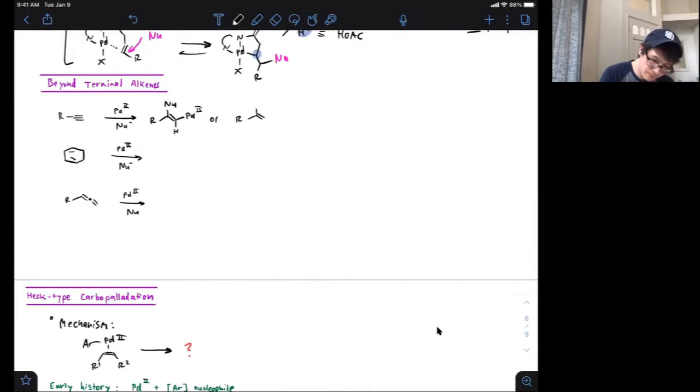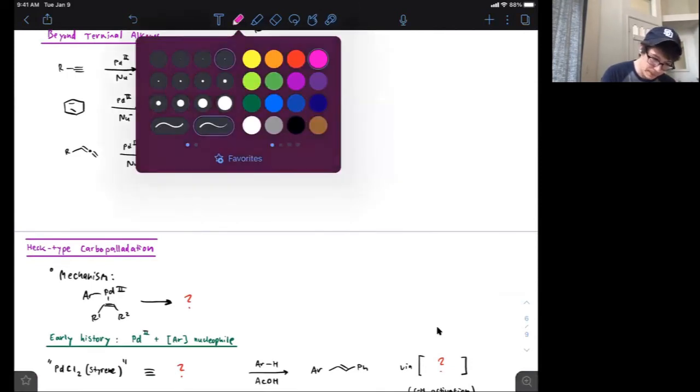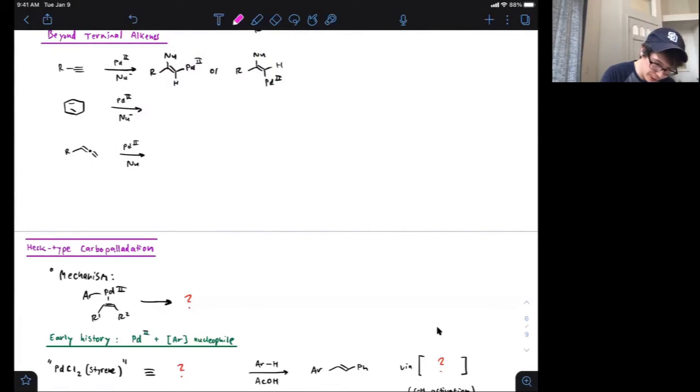And this is, at least to my knowledge, not readily predictable based on first principles. So certainly in the case of an aryl palladium migratory insertion, those are always syn stereospecific, but things like acetate as nucleophile, they can participate either in a syn or anti fashion, which muddies the water a little bit. Maybe I'll just push arrows here just to kind of illustrate this in crystal clear terms.